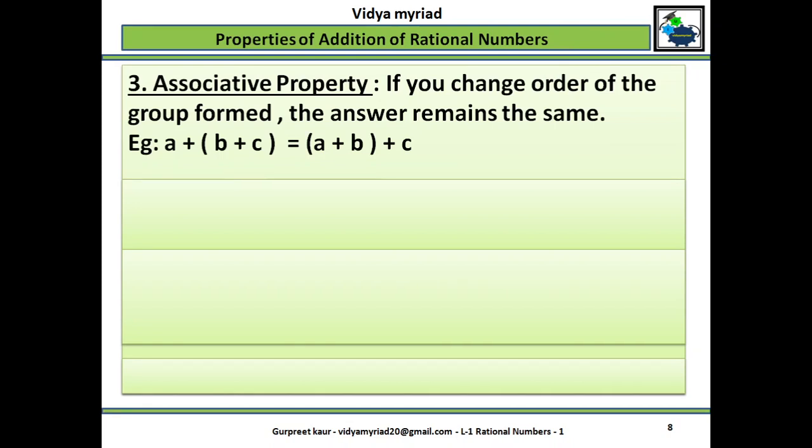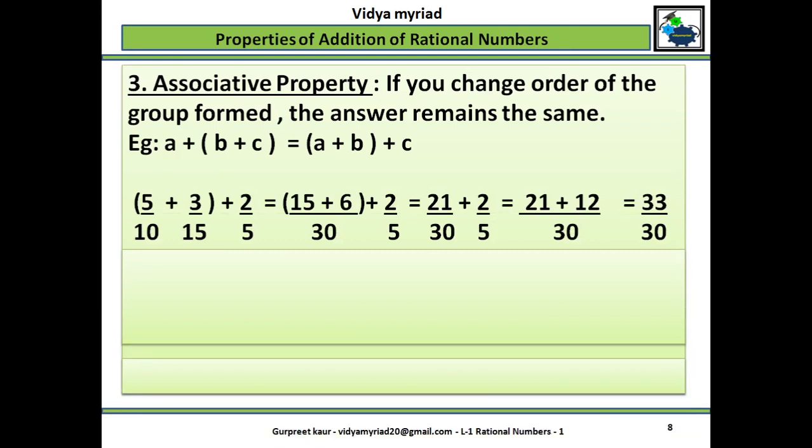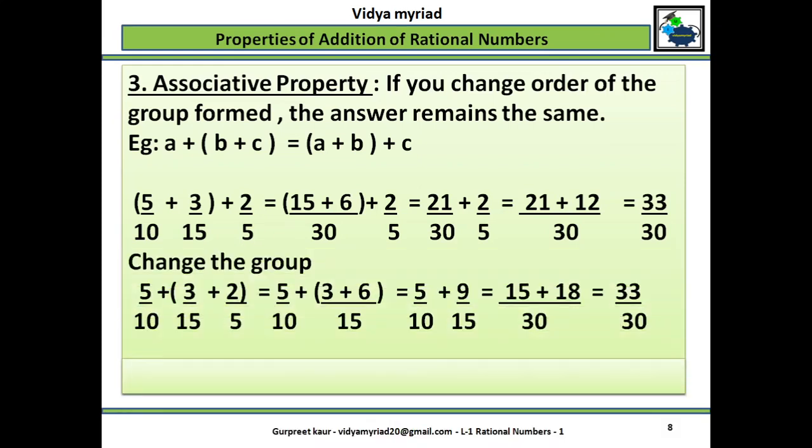Okay. Let me explain with the help of an example. Now here you see, I have 5 upon 10, 3 upon 15 and 2 upon 5. I have first made the group of 5 upon 10 and 3 upon 15. When I solve this with the help of LCM and everything, I get the answer 33 upon 30. Okay, now I change the order. I rearrange them. Now what happens?